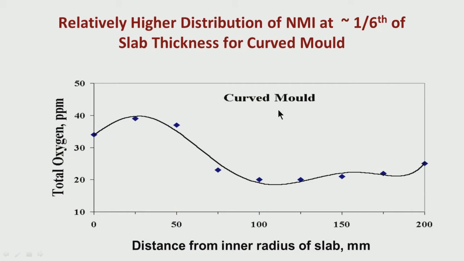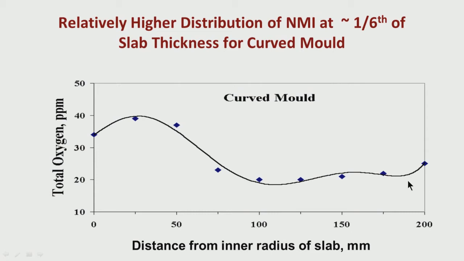In a curved mold, again we measured total oxygen, and we find that at about 1/6 of the slab thickness, somewhere here, the total inclusion level is quite high. This is near the inner surface, near the inner radius. So in this area the oxide inclusions are more, that is why the total oxygen is more compared to the other portion of the thickness.